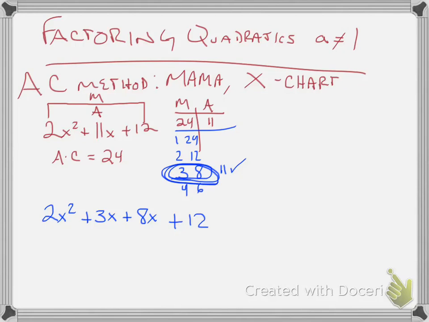And now I'm going to factor by grouping. So I group the first two and I group the second two. In each parentheses, I'm going to bring out the greatest common factor.